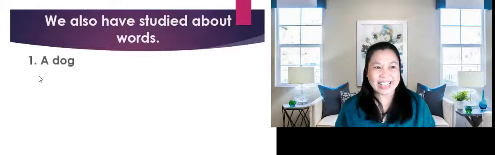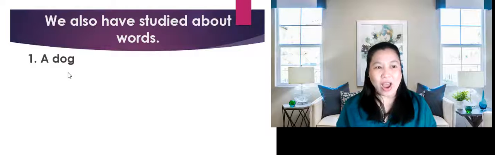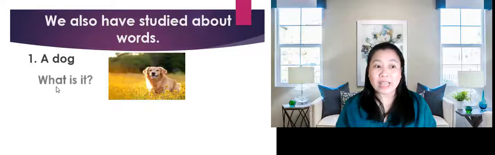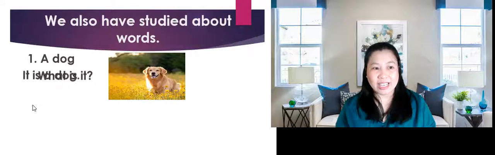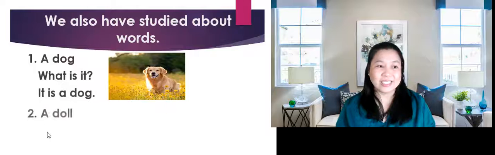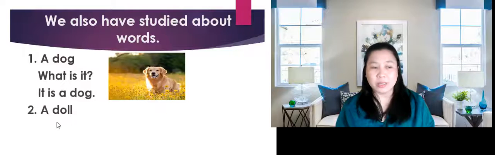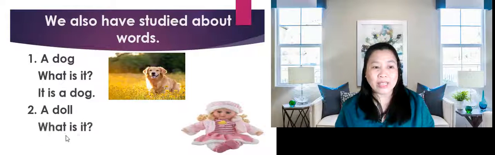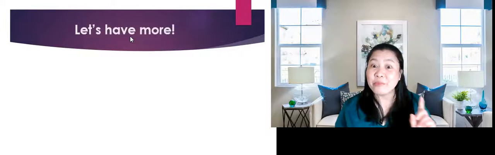Wow. We also have studied about words. Do you remember the words? Okay. Number one, a dog. What is it? It is a dog. A doll. What is it? It is a doll. Let's have more.